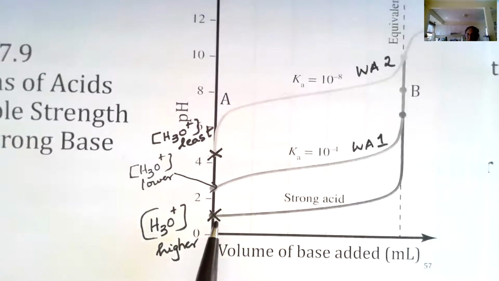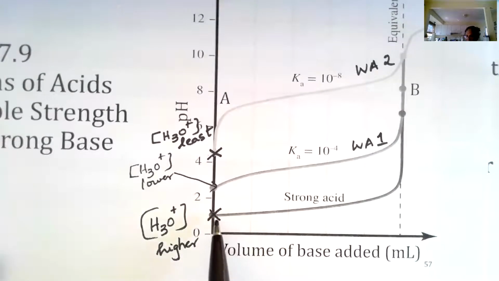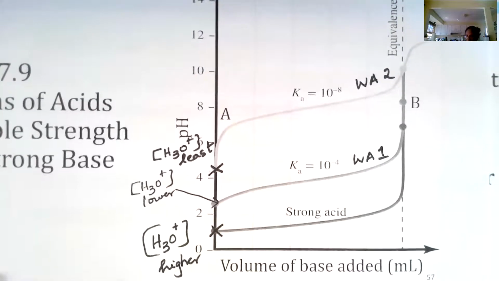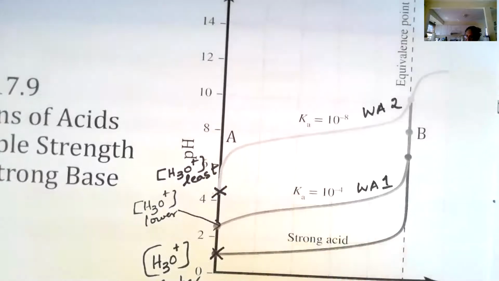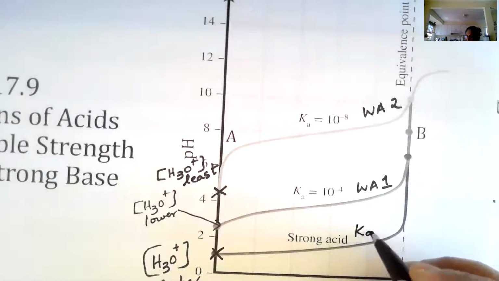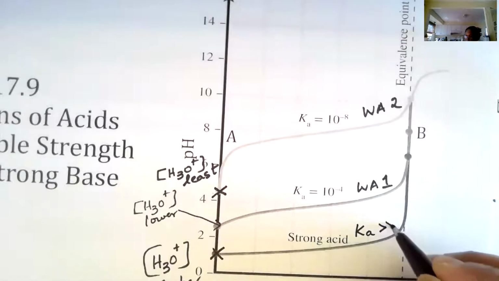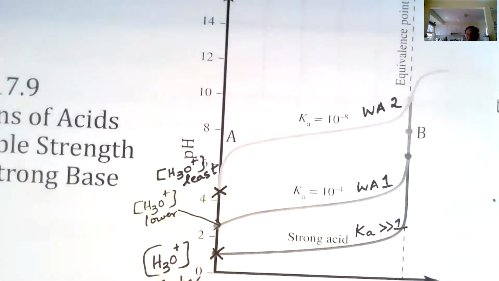So if you have a strong acid, there's not much of a change in the initial stages in pH, as the Ka value is very high for a strong acid.